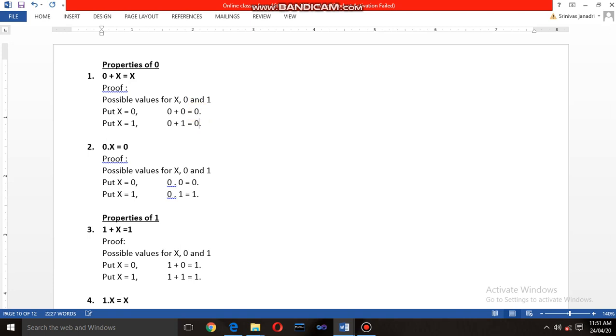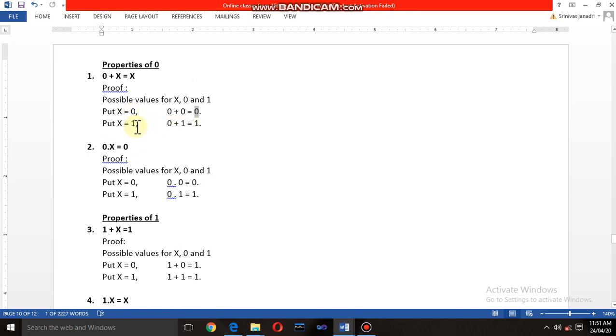And when you put x is equal to 1, just observe it neatly here. When you put x is equal to 0, the result will be 0 again.